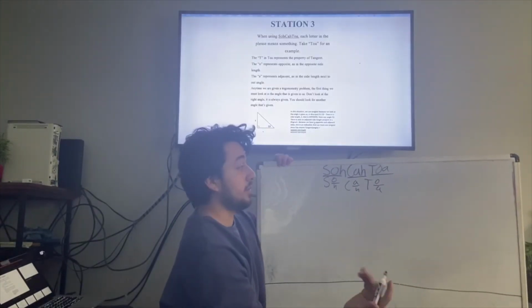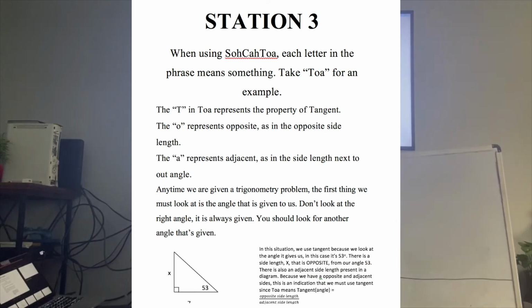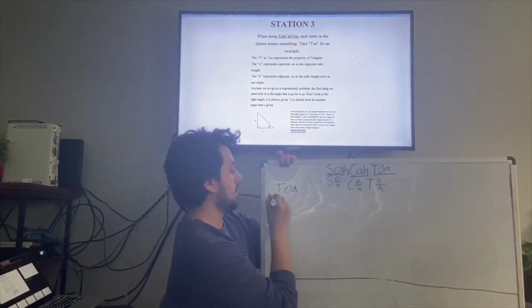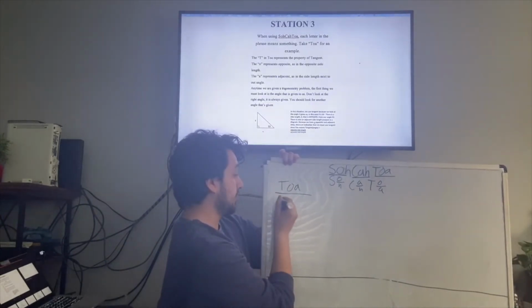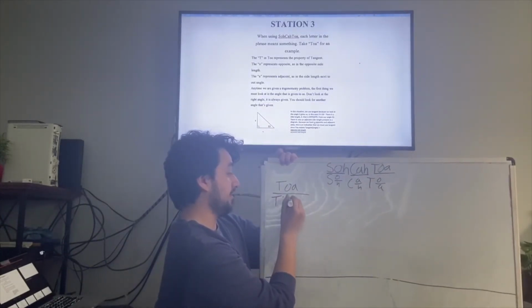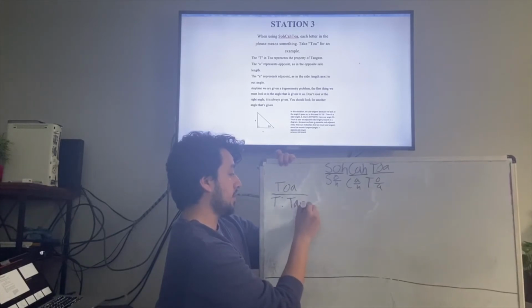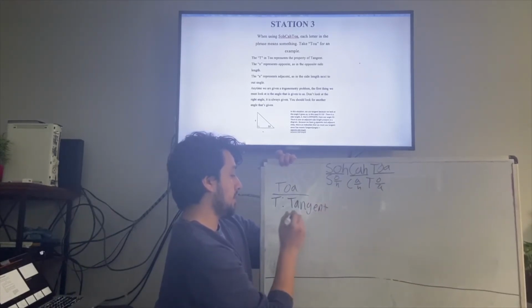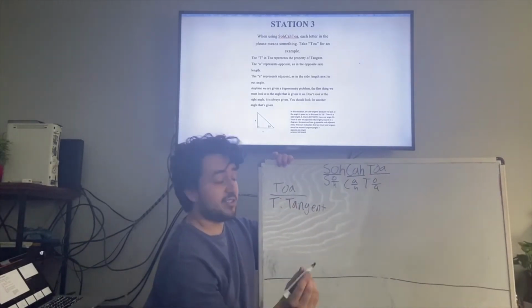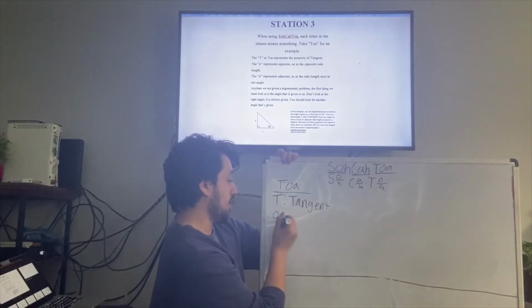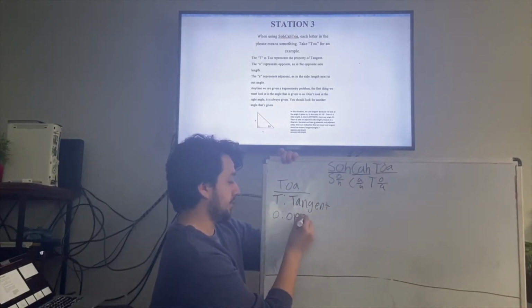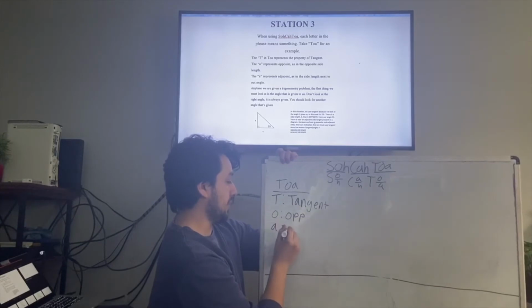On station 3, we talked about TOA. And as you probably could have guessed, our T stands for tangent. Our O and A stay the same. By that I mean O still means opposite and A still means adjacent.